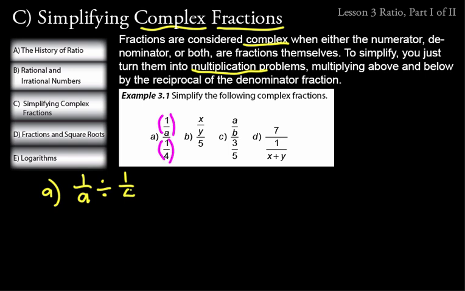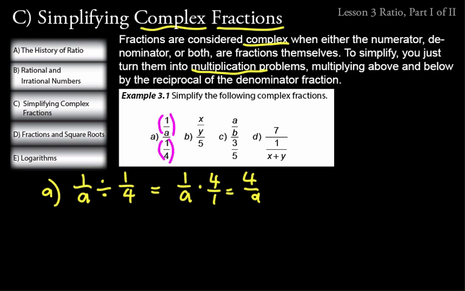Remember how you simplify something like that, or perform the operation on it? You invert and multiply, right? You turn the 1 over 4 into a 4 over 1 and turn it into a multiplication. You say 1 over a times 4 over 1. That's equal to 1 times 4 is 4, over a times 1 is a.